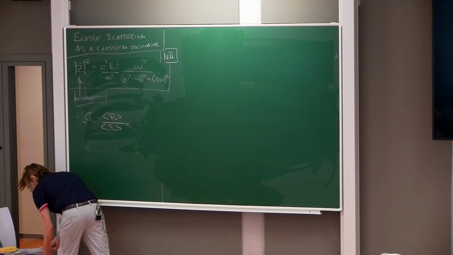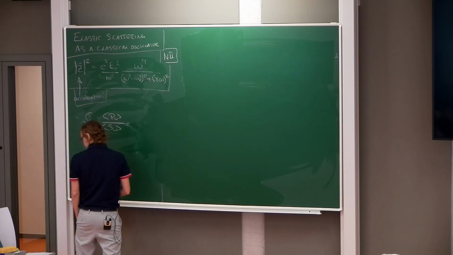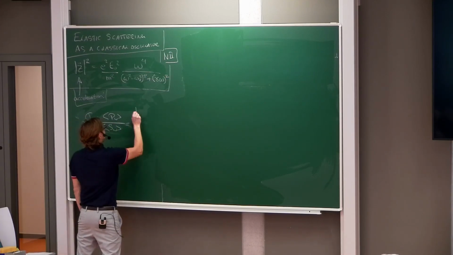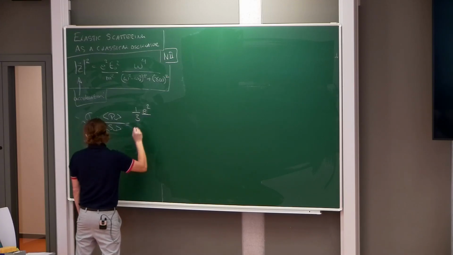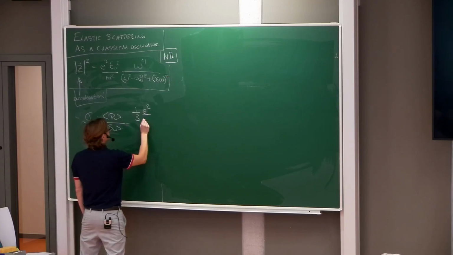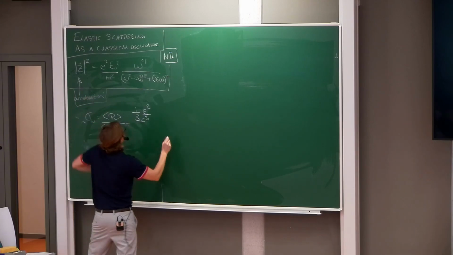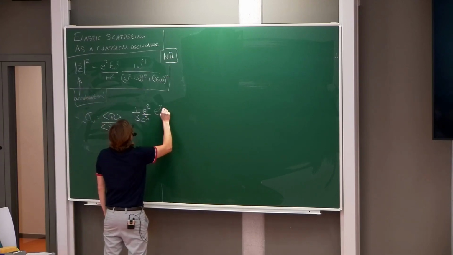I have to look back at what I had. Here we had 1/3 e² divided by c³, and then the acceleration squared, so we just replace it.